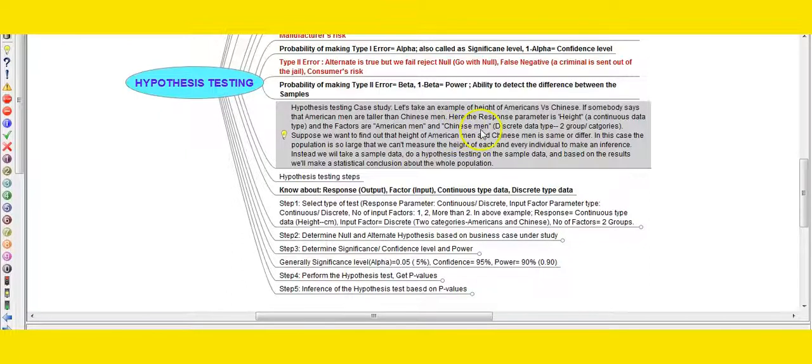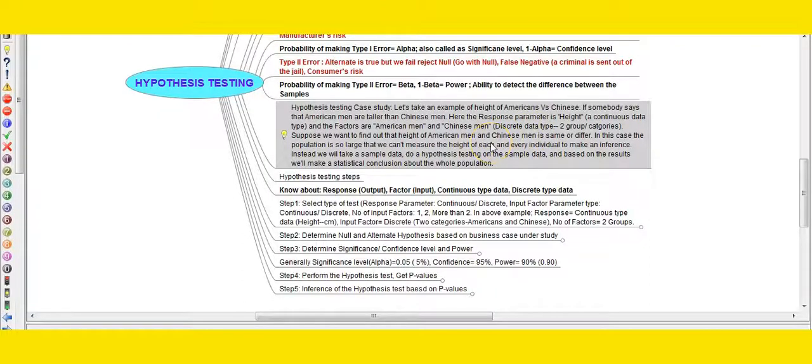We can observe that the height is the response, the Y measure, and it is continuous data, and the factors are American men and Chinese men. These are discrete data because there are two distinct groups, one American, second Chinese.